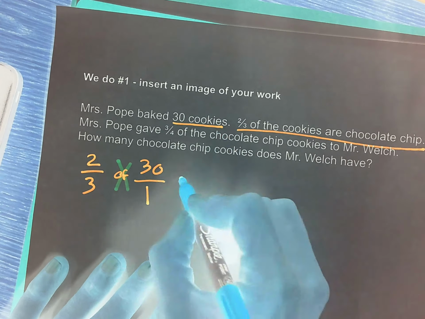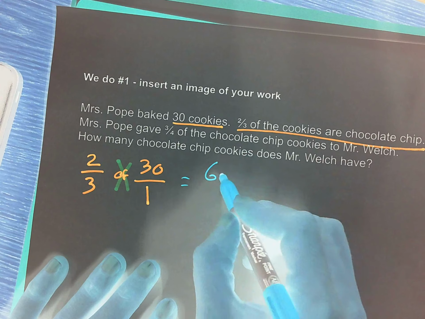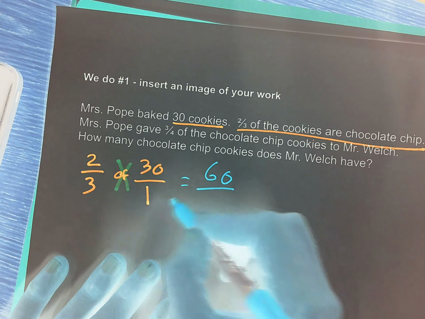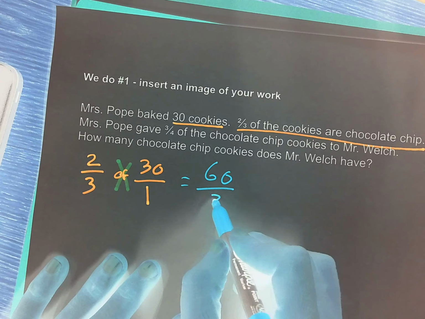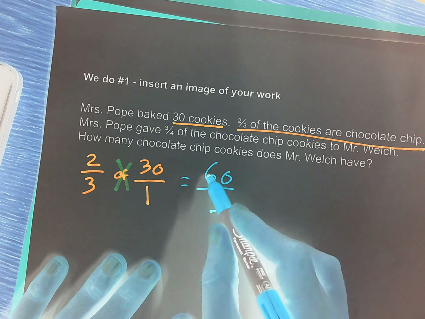Two times 30 is 60. And 3 times 1 is 3. Our answer is 60 over 3.